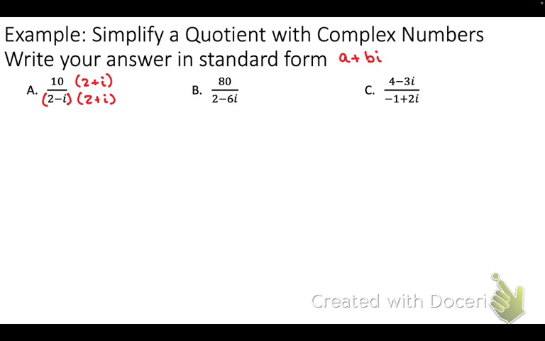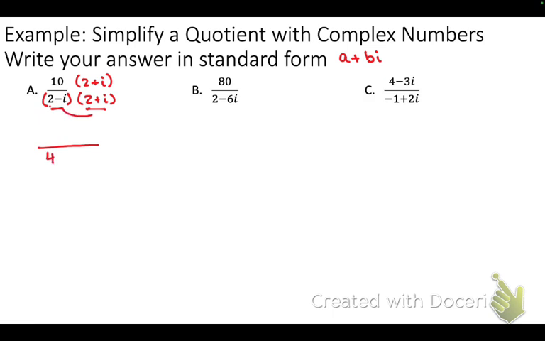I like to do the denominator first because it's going to come out to be my whole number, because I just told you that, didn't I? Okay. So if I do that, we know when we have conjugates, the middle term zeroes out. Correct? Every time. So you square the first, so 2 squared is 4.